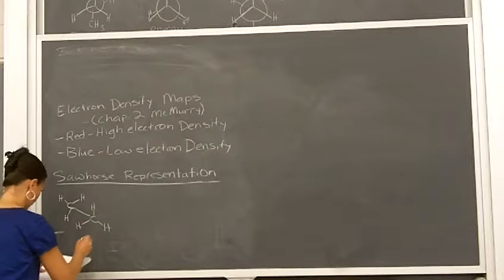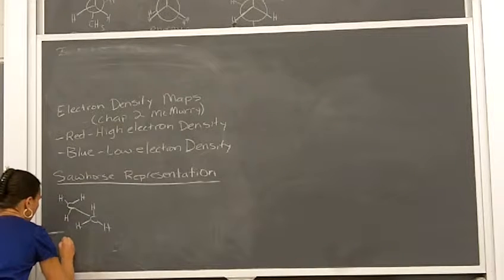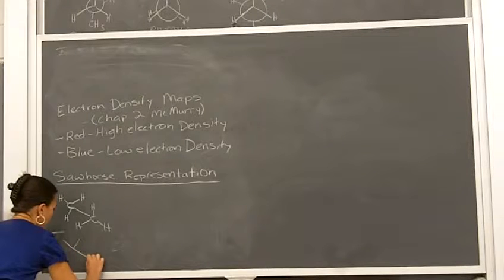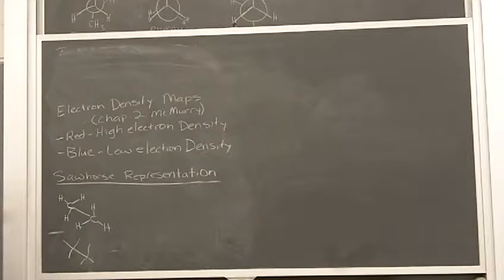So if we drew this in terms of what atoms were involved without actually showing the atoms, we draw something like this. And that would be the Sawhorse representation, okay?